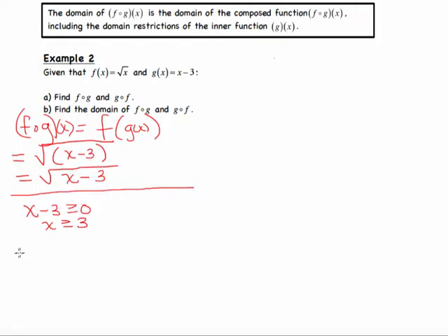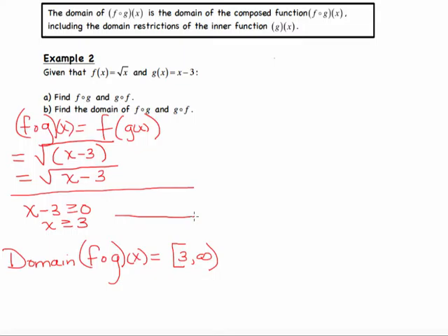So my final answer for the domain of f of g of x, or just f of g, is equal to 3 to infinity. Anything greater than or equal to 3. And if a number line helps you to write your interval notation, then it would look like this. I would have a closed circle at 3, and anything greater than 3 is to the right.